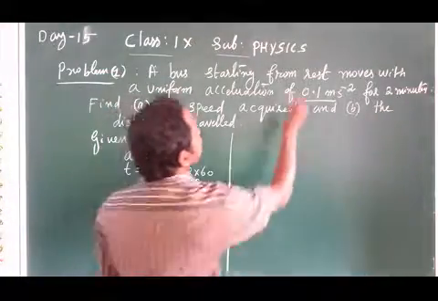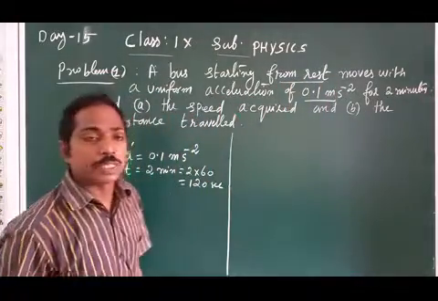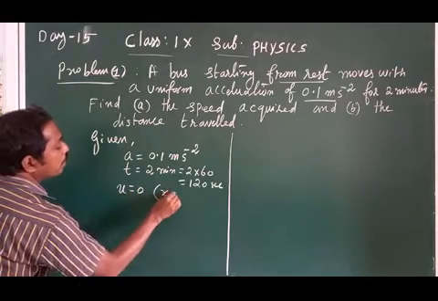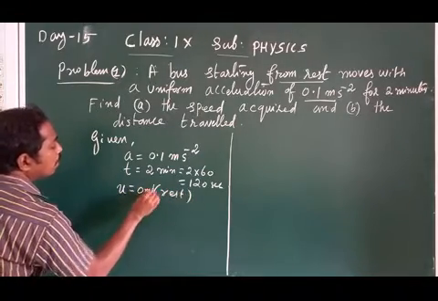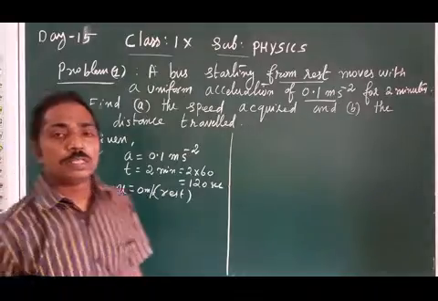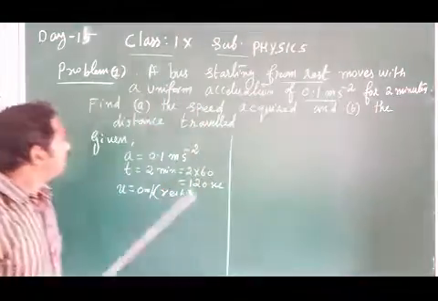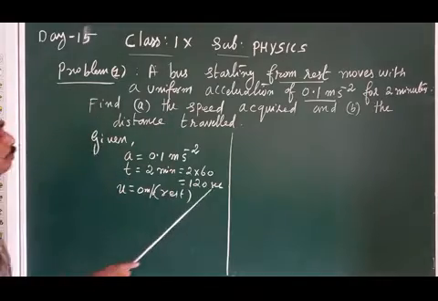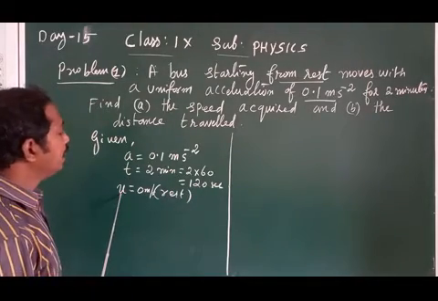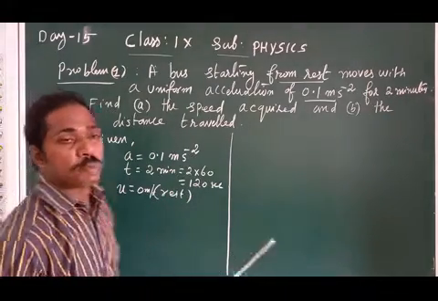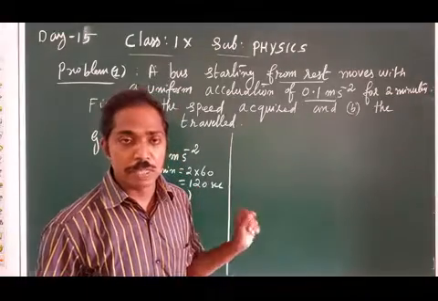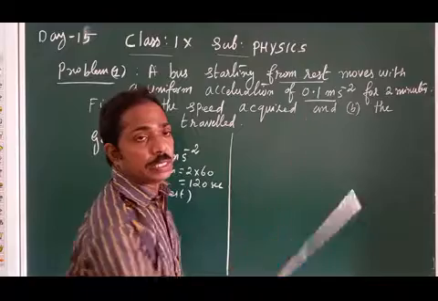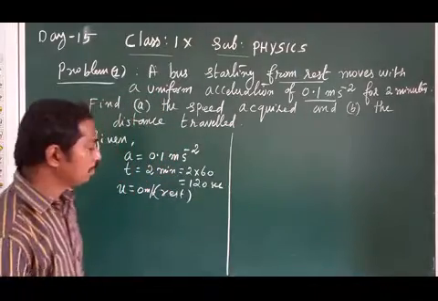Then here it is mentioned starting from rest, so initial velocity is 0 meter per second. It is not mentioned as initial velocity, but it is mentioned the bus starts from rest, so initial velocity is 0.